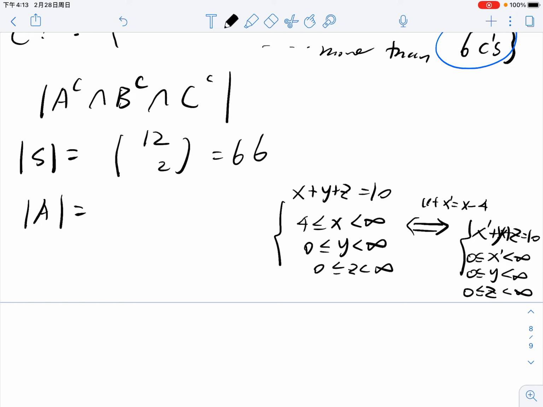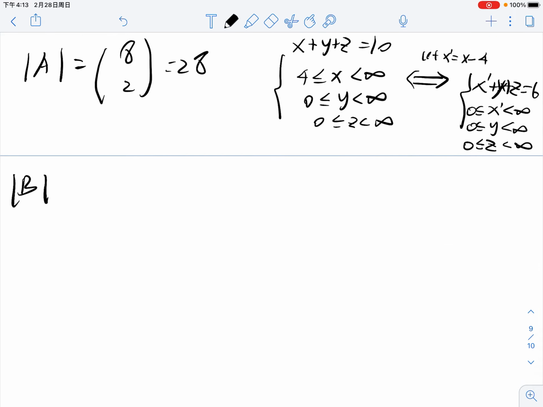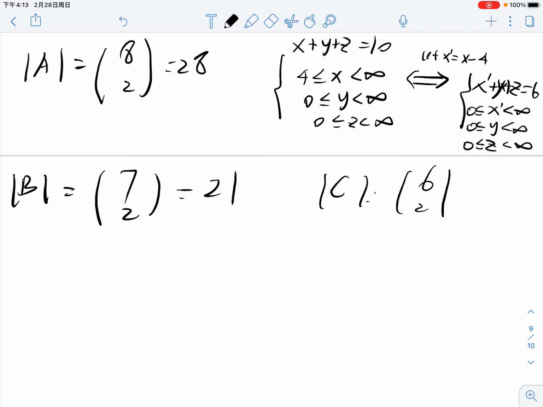Also here 6. This is crucial. And then apply it, you will have 8 choose 2, which is 28. And similarly, for B, you have 7 choose 2. And for C, you have 6 choose 2.